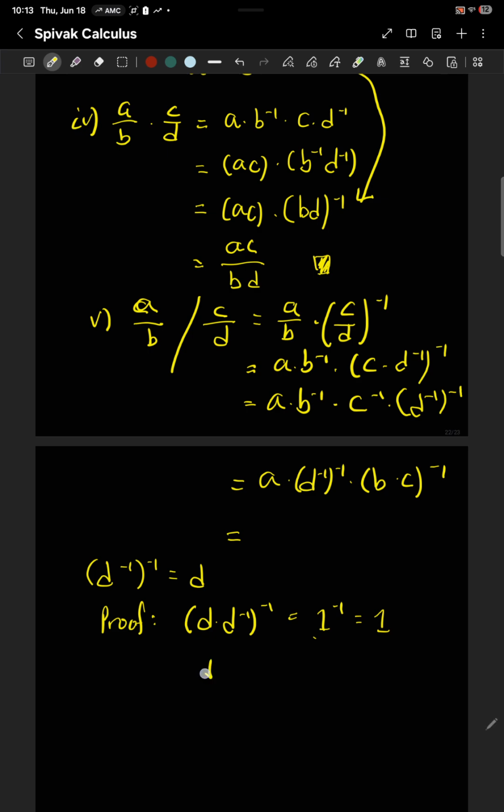So that means we have the inverse times the inverse of inverse, because of this fact.